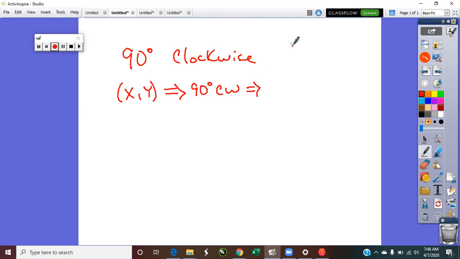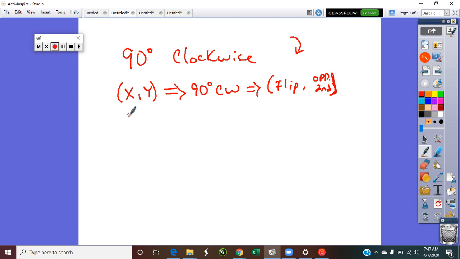So let's think about this. It's going to rotate 90 degrees, and we're going to go in this direction. And we're going to still be about the origin, so we don't have to worry about anchor points right now. So this time I'm still going to flip the X and the Y, but instead of the first number being opposite, this is going to be the opposite second number.